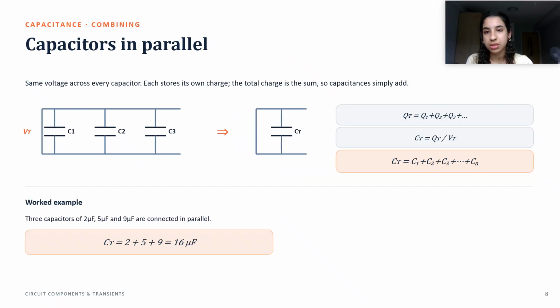Okay, so capacitors in parallel. How do we add them up? It's opposite to resistors. You actually add the capacitance of each capacitor together. Here is an example. If you have C1 that is 2 microfarads, then 5 microfarads, 9 microfarads in parallel, you just add them up. You get 16 microfarads.